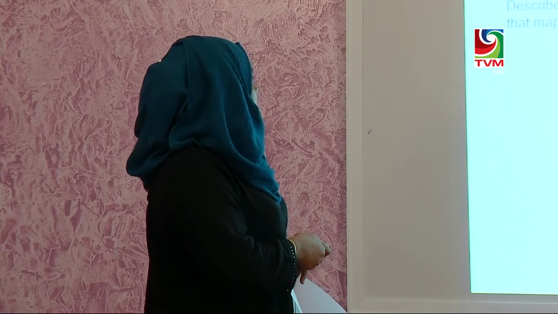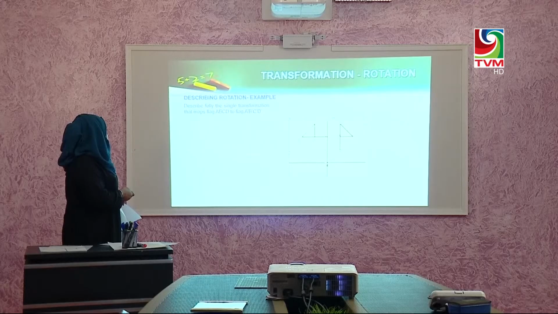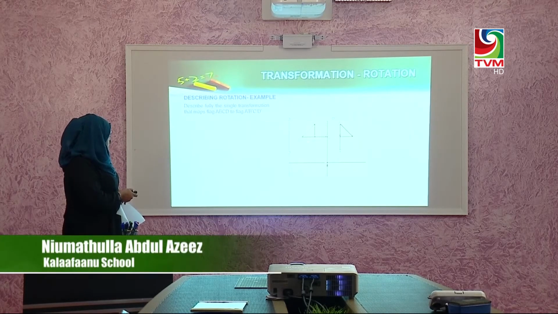Okay, here is our example. Describe fully the single transformation that maps flag A, B, C, D to flag A prime, B prime, C prime and D prime. So this is your object and this one is your image.